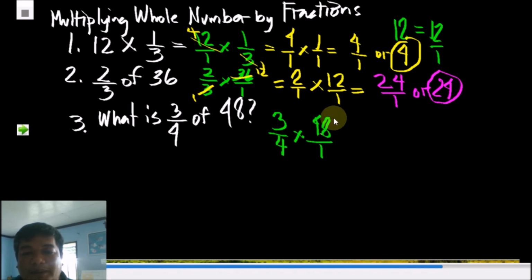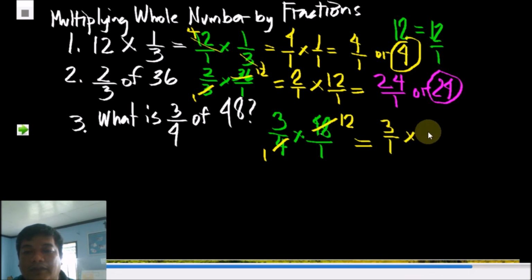Since 4 and 48 have a common factor, which is 4, you're going to divide 4 and 48 by 4. 4 divided by 4 is equal to 1. 48 divided by 4 is 12. After that cancellation, you are going to rewrite the fraction as 3 over 1 and 12 over 1.